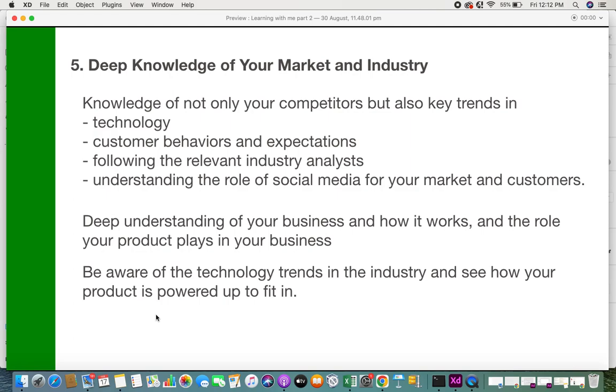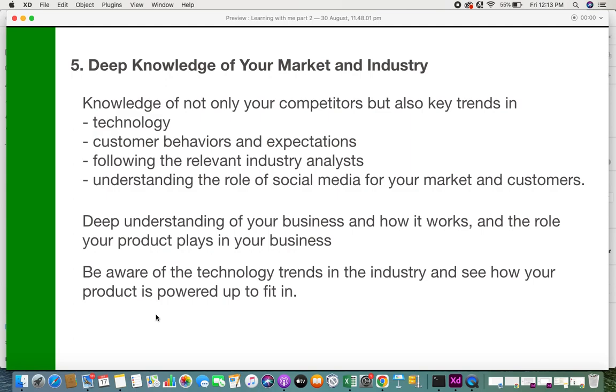For example, in recent trends, there are a lot of products adopting AI, machine learning, NLP, stuff like that. So there's a whole new path businesses are taking to power up their products and gain more adoption. So if you do not have an idea of where the market and the industry are heading, your product is going to be somewhere behind, because everyone is understanding this and everyone is powering up their products.